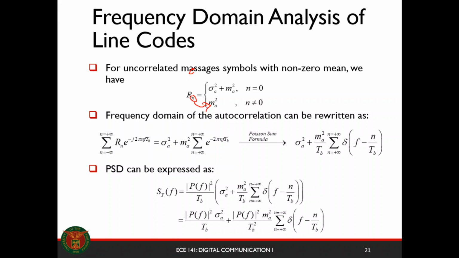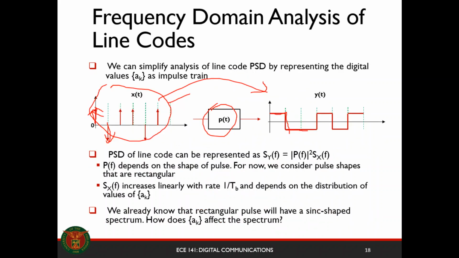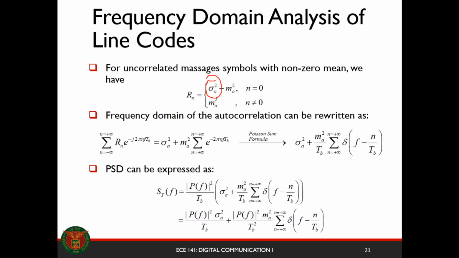At time n equal to 0, your autocorrelation is equal to the variance of your output train, plus some noise M sub A. So the frequency domain of the autocorrelation function can now be rewritten as this one.